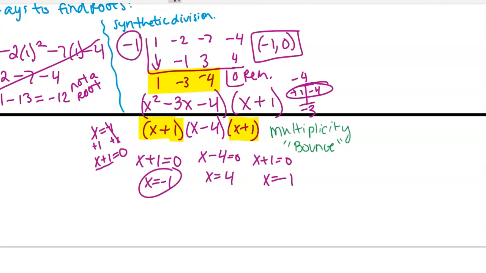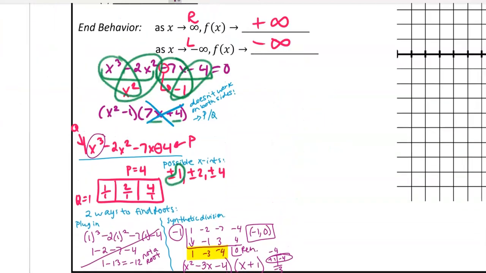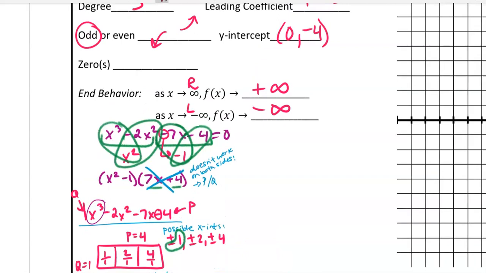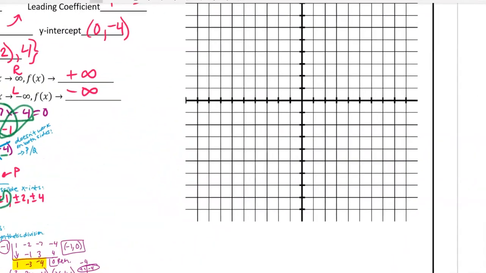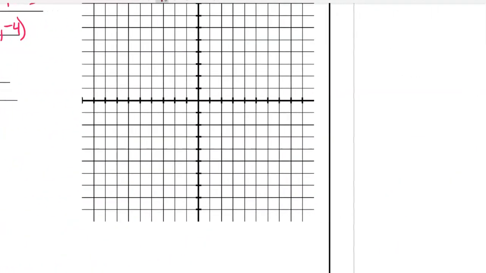So what we're going to do is rewrite these in the answer space for the zeros, and we're going to say -1, and in parentheses we'll say m2. That means multiplicity of 2. And then we'll say 4. Okay, let's go ahead and plot these points, these x-intercepts, on the graph.